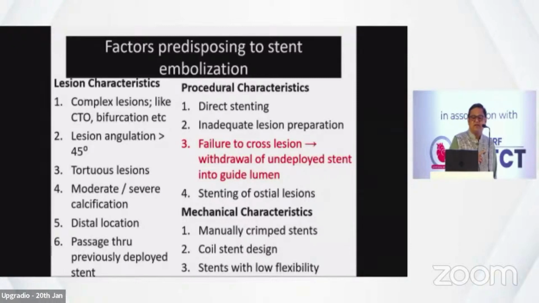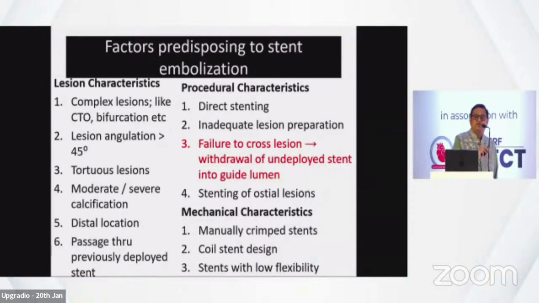Besides lesion characteristics, some patient and procedural characteristics are also important. Once you go for direct stenting, there is a risk of embolization. When there is inadequate lesion preparation, there is also a risk of embolization. But most importantly, there is a situation called balloon crossing, stent not crossing.